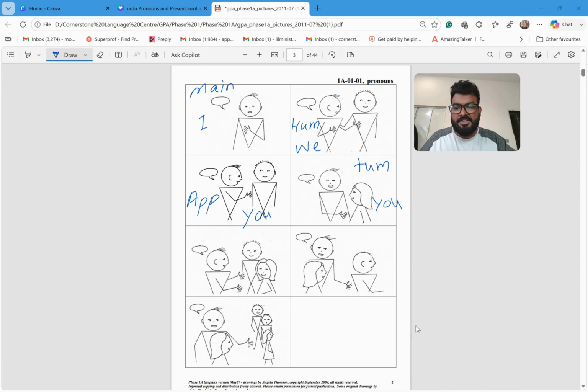And the fifth one is आप. Again, आप we use for singular and plural as well.